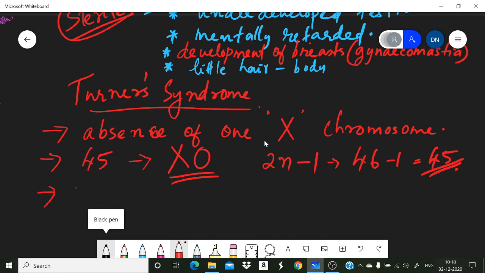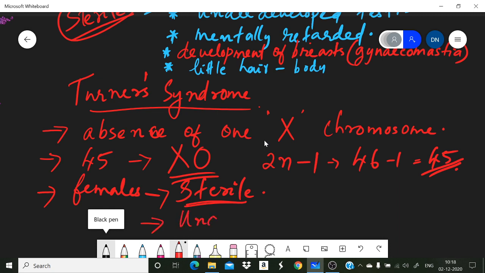Such individuals may be females, but they are sterile. They cannot reproduce because they have underdeveloped ovaries, that means their ovaries are not developed perfectly.